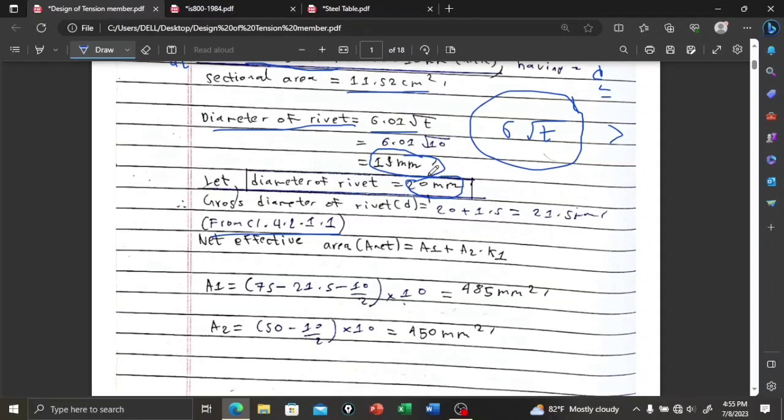So this 20 is less than or equal to 25, so we add 1.5. So 20 plus 1.5 is 21.5 millimeter.